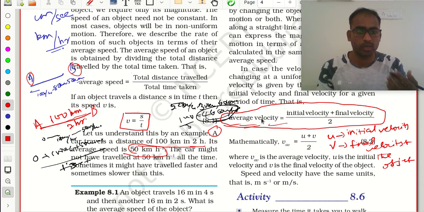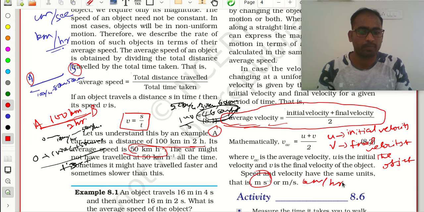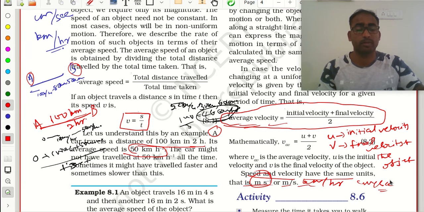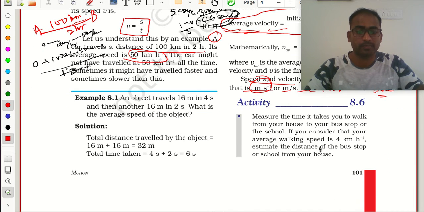The units of velocity are meter per second or kilometer per hour, centimeter per second it may be. So speed and velocity have the same units. Clear now what velocity is and the difference between speed and velocity? Have you understood? Yes, sir.